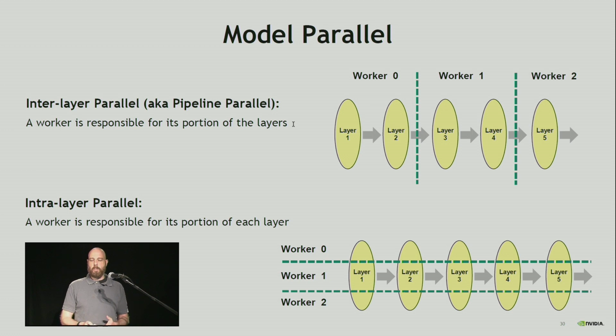They each will be responsible for just doing the math for their layers and nothing else. The alternative is intra-layer parallel, the bottom example here. In this case, each worker gets a fraction of every layer in the network. Worker 0 gets the quote-unquote top portions of each layer, worker 1 gets the middle one, and worker 2 gets the bottom one. And we'll have more detailed examples coming up.